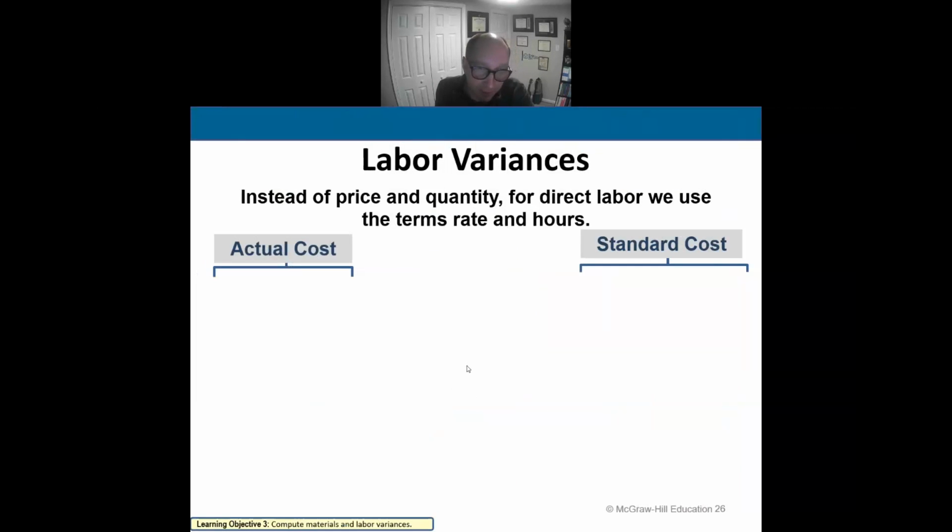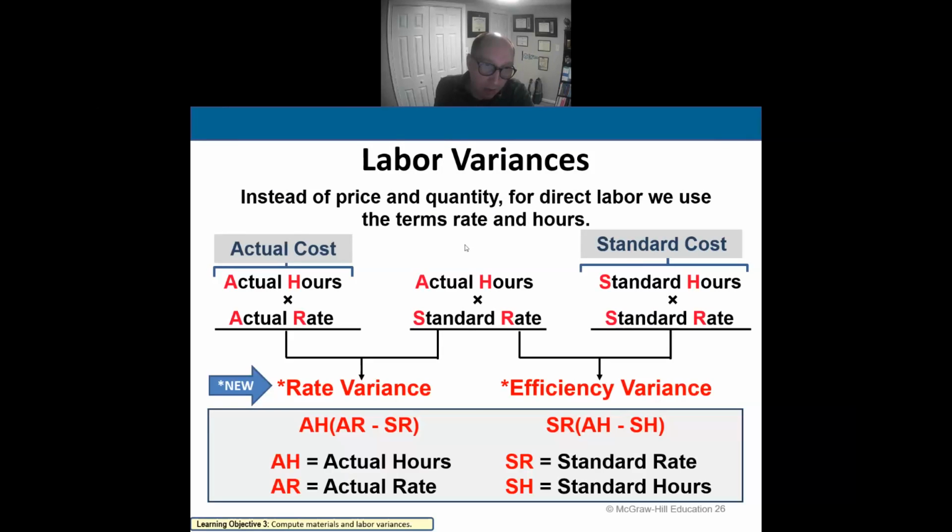And I do the same thing for labor. Labor follows the same principle. We have actual cost of labor and the standard cost of labor. Actual cost is actual hours times actual rate. Standard cost is standard hours times the standard rate. The variance is actual hours times the standard rate.